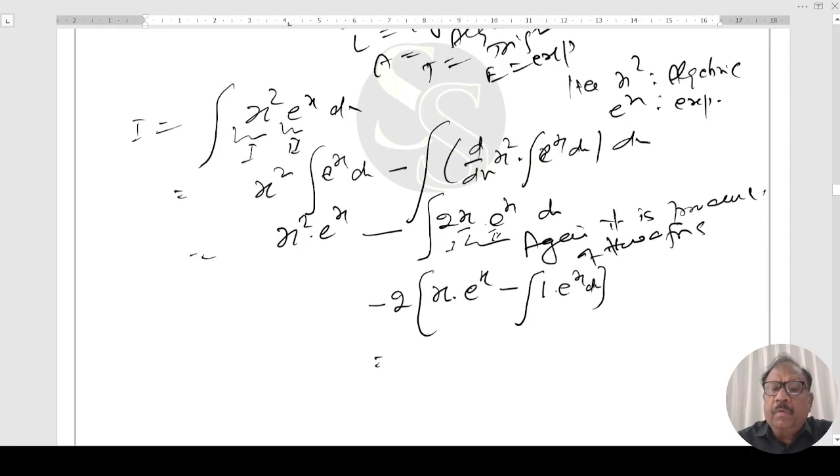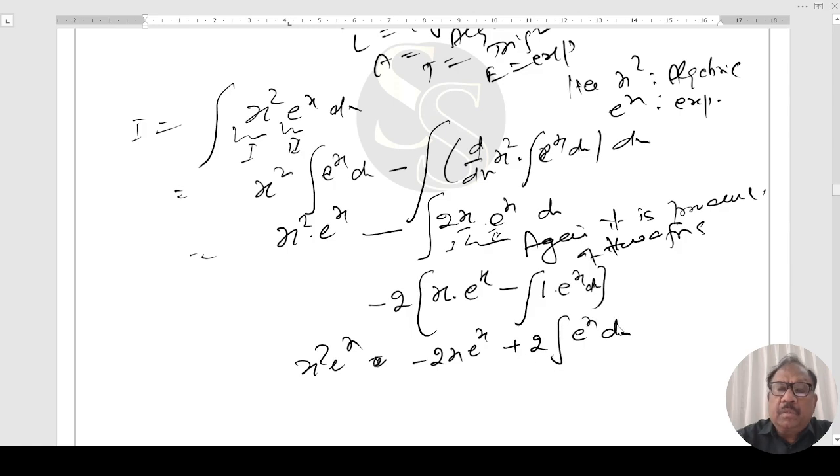This comes out further: minus 2 x e to the power x minus plus 2 integration of e to the power x dx.